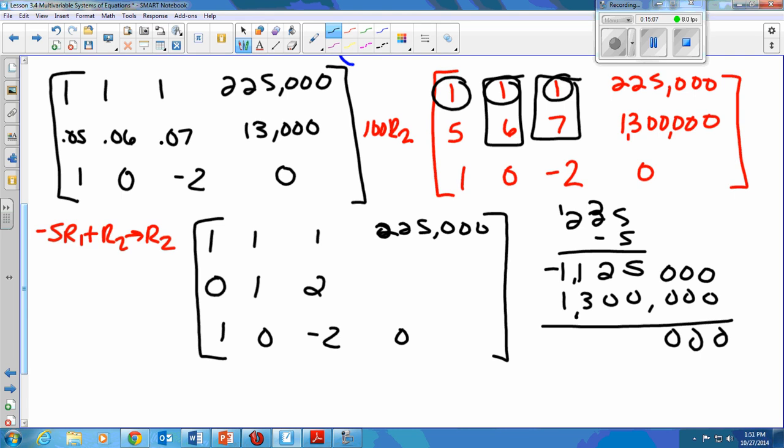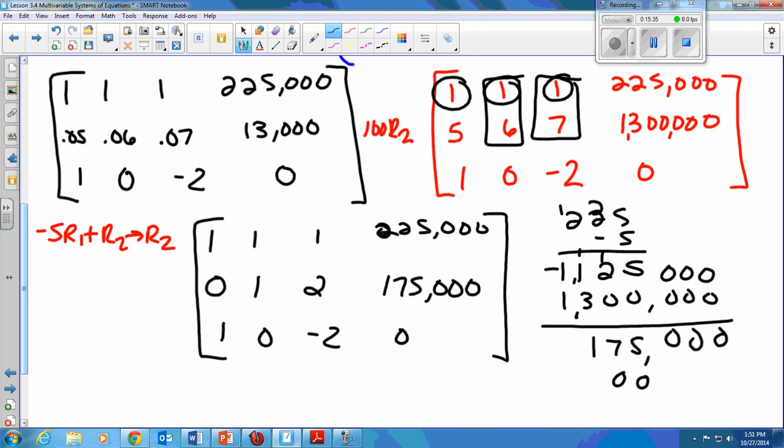So it's what? 175,000? Right? This right here would be 0, carry the 1, that's 789, 0, carry the 1, 1, 2, 3, yep. So 175,000. Just a little subtraction. All right, so row 2, we're good.